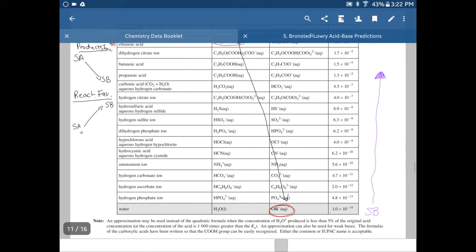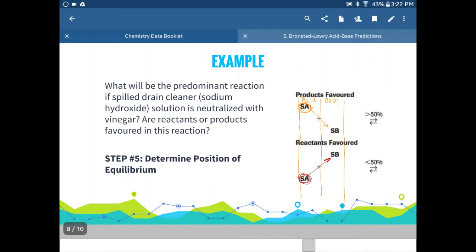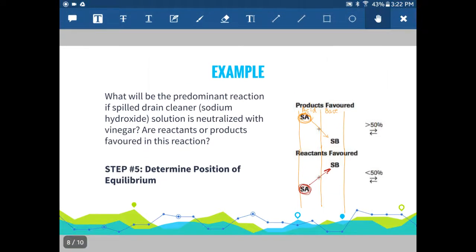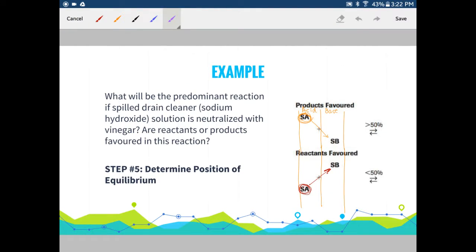So when I go back to my example, when I'm talking about the position of our equilibrium, I want to notate this in a few ways. So I have, again, my acetic acid, I have my hydroxide ions, my equilibrium arrows, and I get my acetate ion, and I've got my water molecule at the end there.